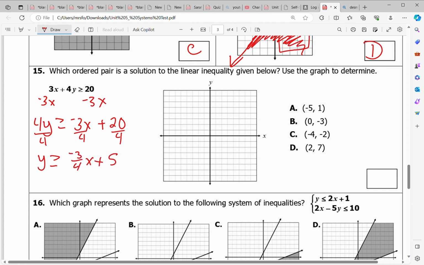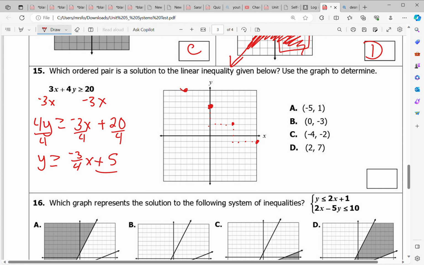Okay, you start at positive 5. Negative 3/4, down 3 over 4. Or up 3 and to the left 4, because this is negative.